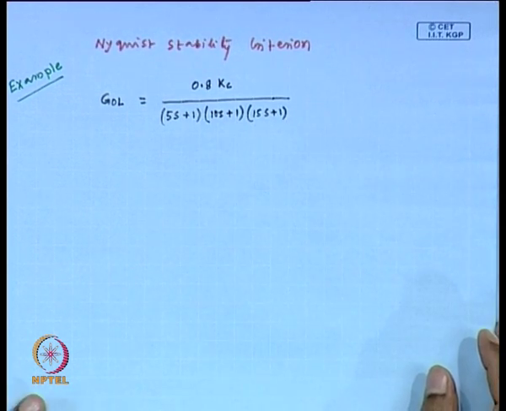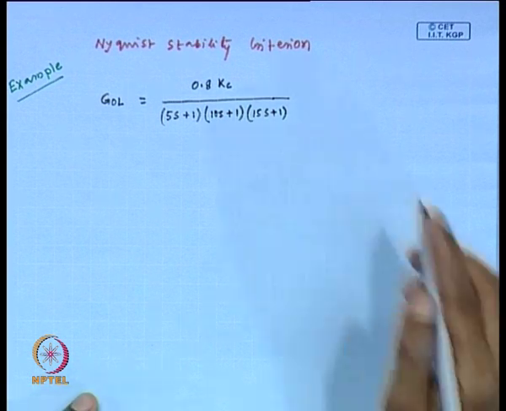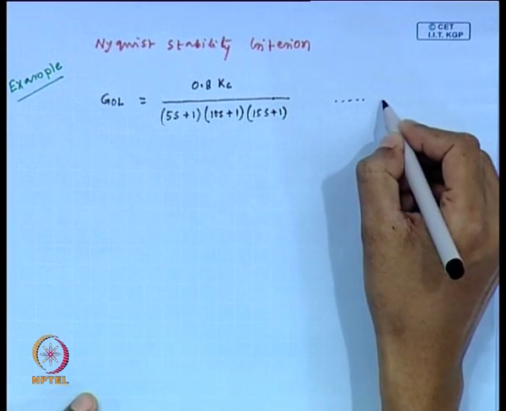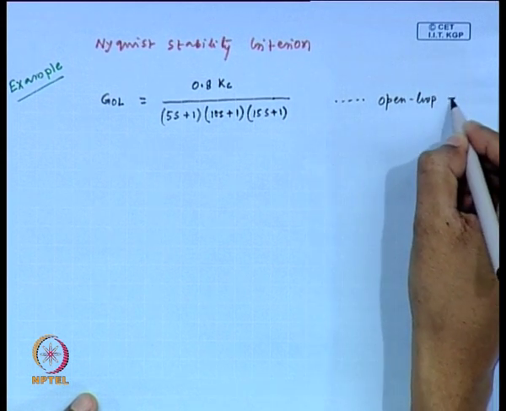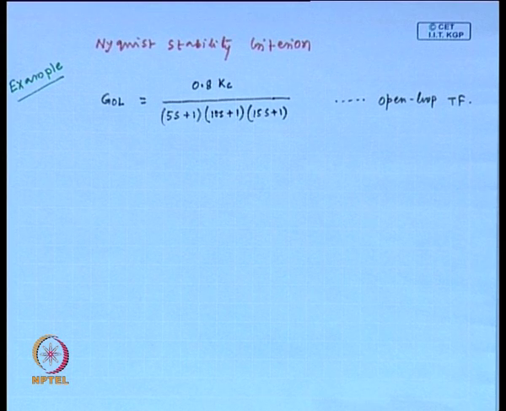The open loop transfer function is given in this form. Here Kc is the proportional gain, the controller gain.